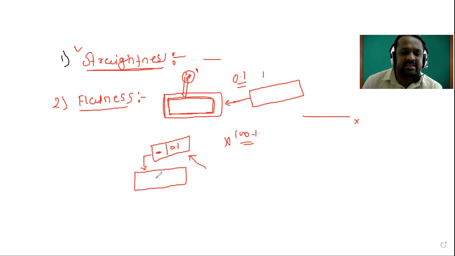Suppose this is one component, a shaft, and on the drawing of the shaft I have given you this picture. What is the meaning of this? This symbol indicates straightness.